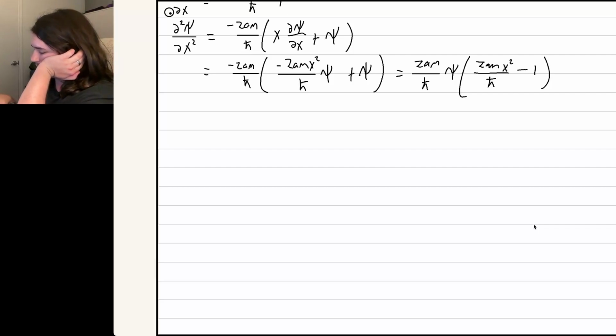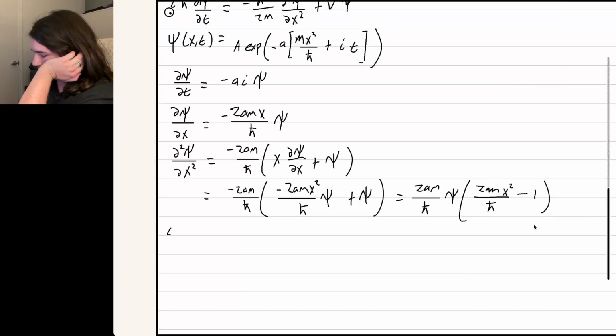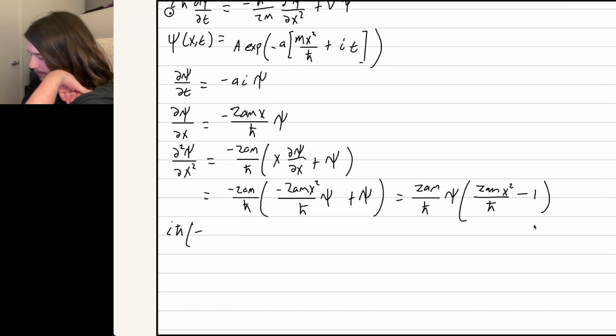Let's plug all that into the Schrodinger equation. So that's going to be i h bar times minus ai psi is equal to minus h bar squared over 2m times all of that junk.